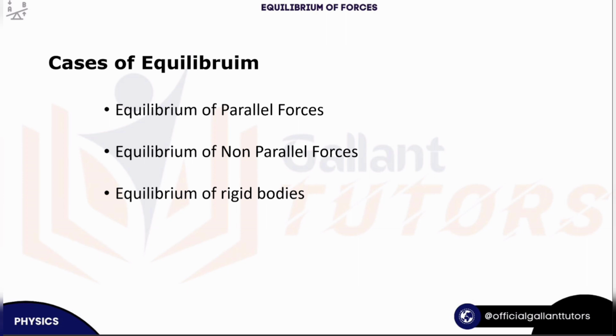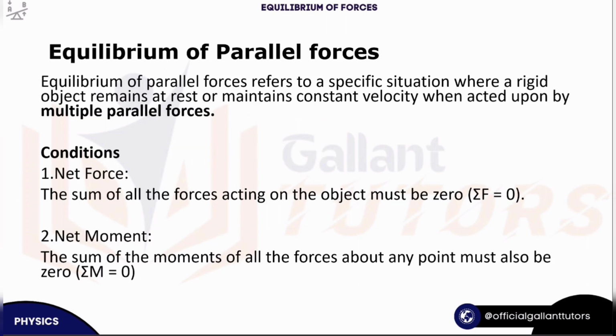Without thinking much, what do you understand by equilibrium of parallel forces? Just like I've stated here, equilibrium of parallel forces refers to a specific situation where a rigid object remains at rest or maintains constant velocity when acted upon by multiple parallel forces.